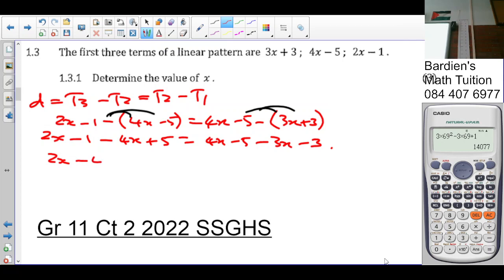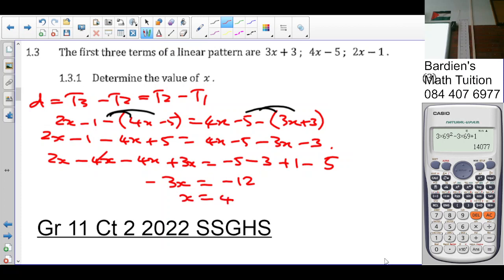So it's 2x minus 4x minus 4x plus 3x equals minus 5 minus 3 plus 1 minus 5. Okay, so that gives you negative 8. So it's going to give you negative 3x is equal to negative 12. So x works out to be 4. Okay, you all agree with that? Any confusion there?